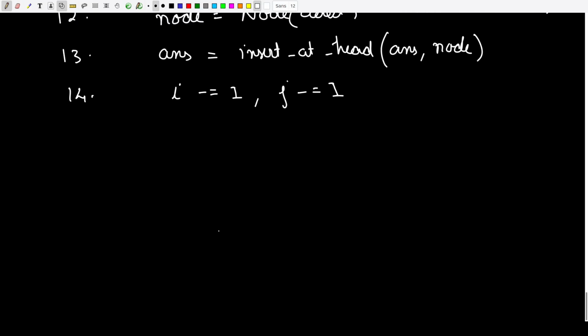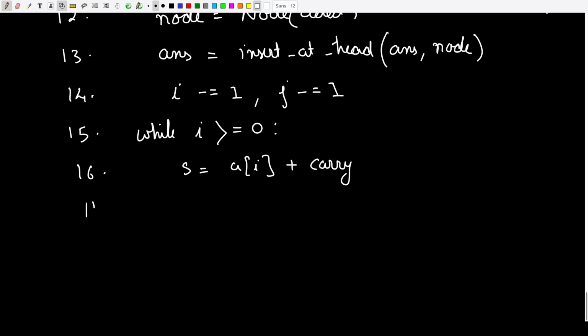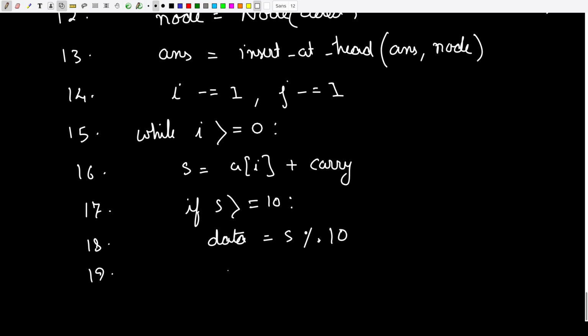Now it might be possible that after performing the addition operation, some elements from the ith array are still present. In such a case, we will just go ahead and perform our add operation again. So in this case, s will be equal to a[i] plus carry, and then the same thing: if s is greater than or equal to 10, then data equals s mod 10, and carry is equal to 1 in this case.